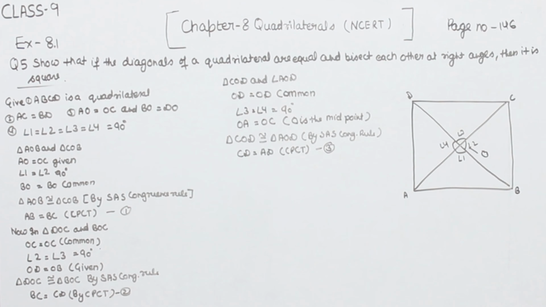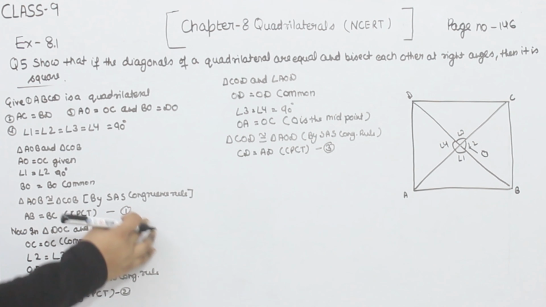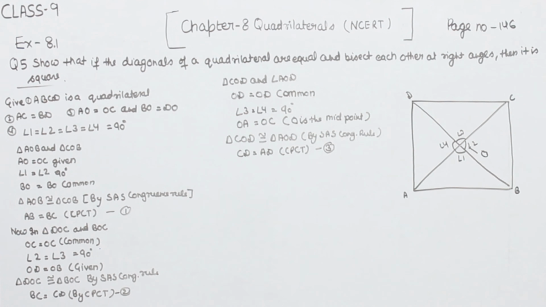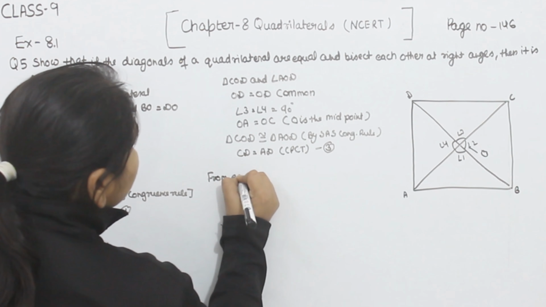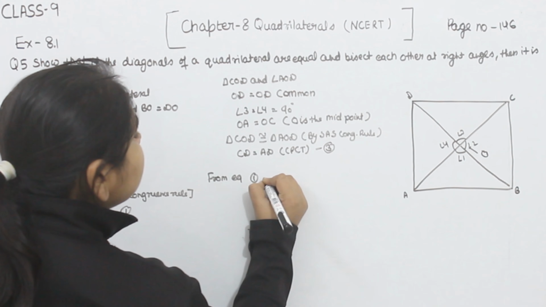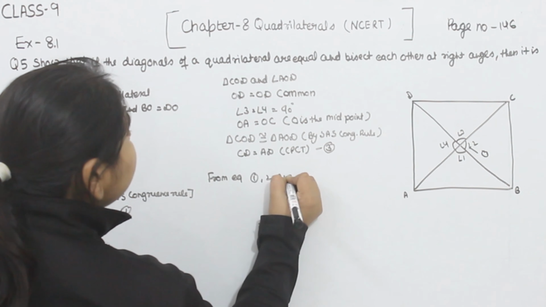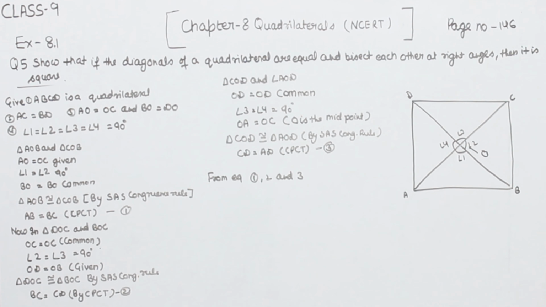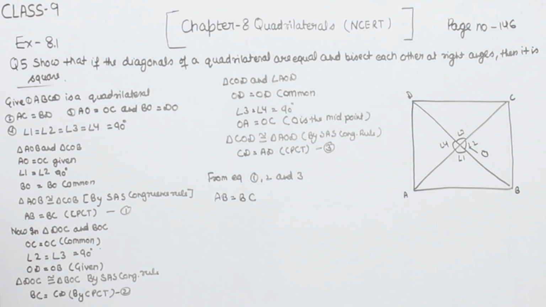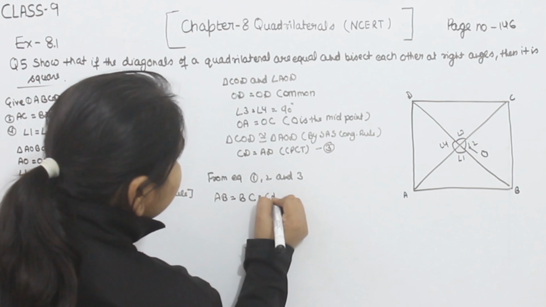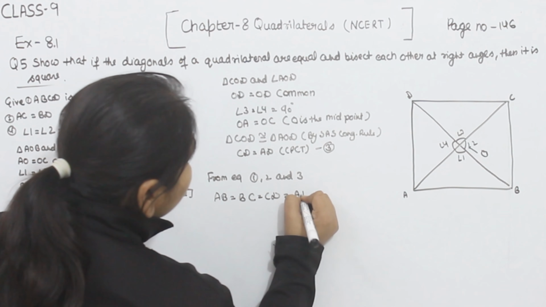Now we are having these three equations, the equation 1, 2 and 3. So we are going to write here from equation 1, 2 and 3, AB is equal to BC, and BC is equal to CD, and CD is equal to AD.